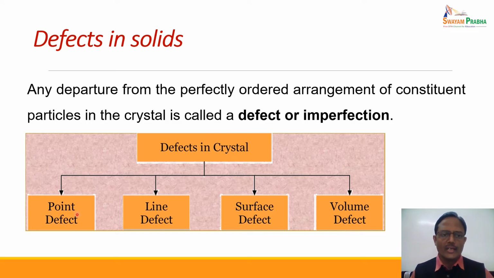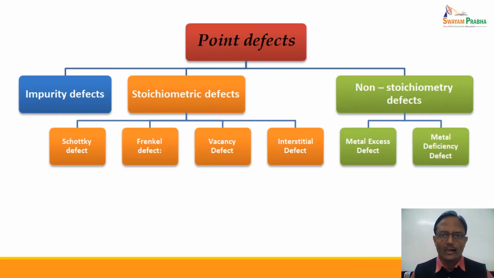As the words indicate, a point defect is a single point, non-dimensional. Line defects are one-dimensional. Surface defects or plane defects are two-dimensional, and volume defects are three-dimensional. We are going to discuss all of them one by one, starting with the point defects. We can further classify these point defects into three types: the stoichiometric defects, non-stoichiometric defects, and impurity defects.